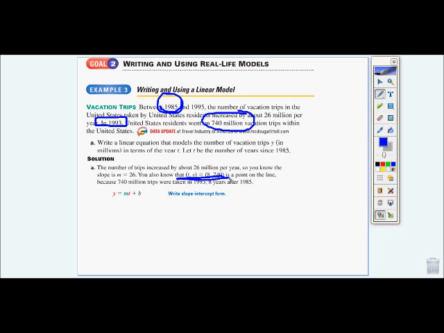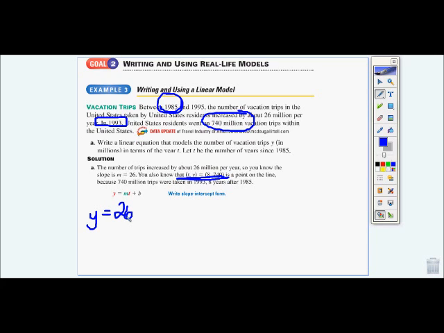So we're going to do the same thing we have been doing. We're going to write our rate. Our rate is 26, so our equation is going to look like this. Y equals, and our rate is 26.